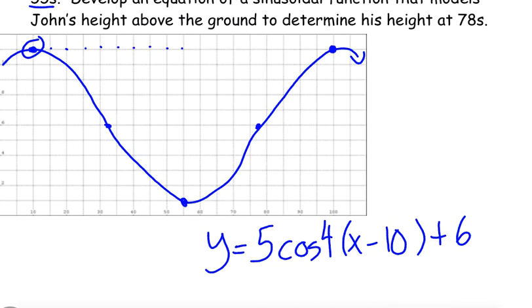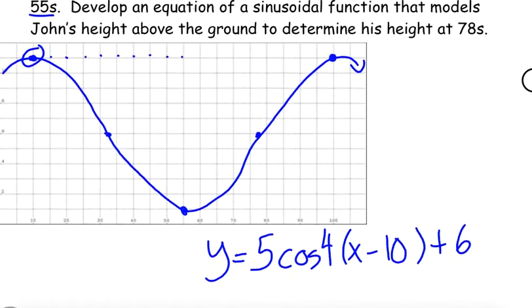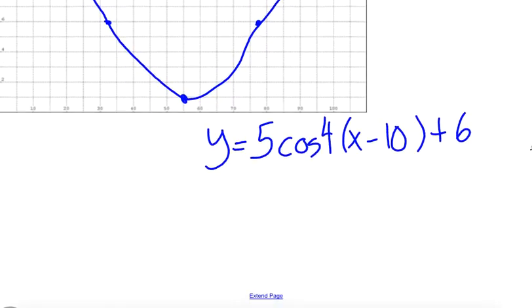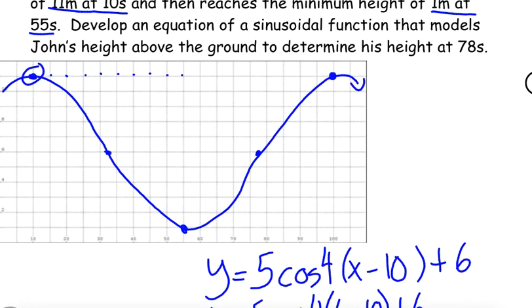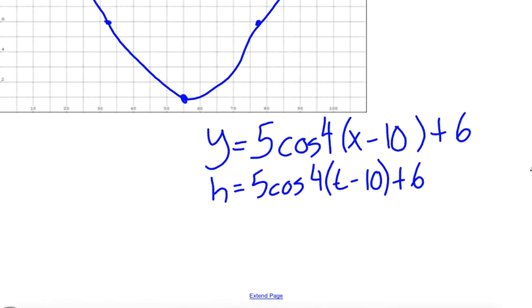So there's our equation. Now really, for this equation, y is actually my height, and x is my time. So when we look at where he is at 78 seconds, we just plug in 78 for the time, minus 10, plus 6.